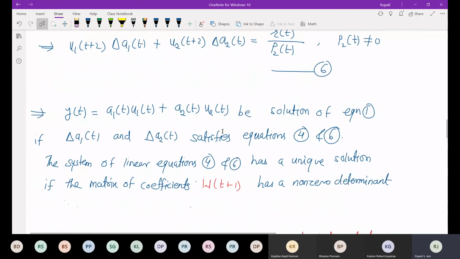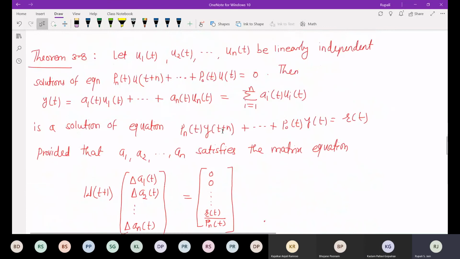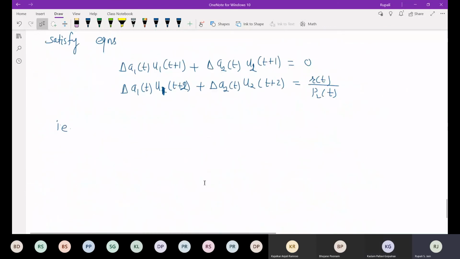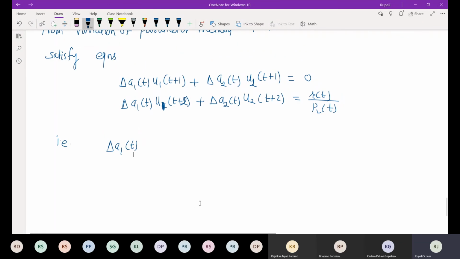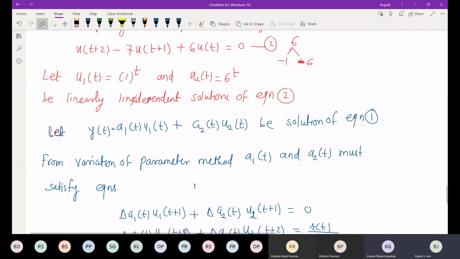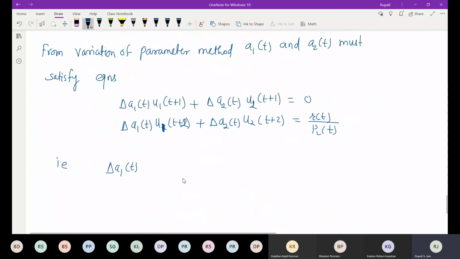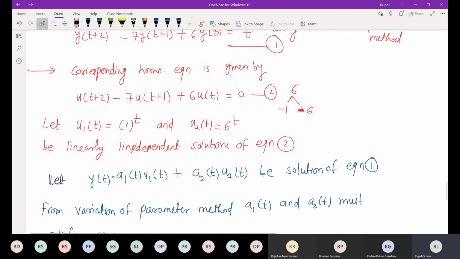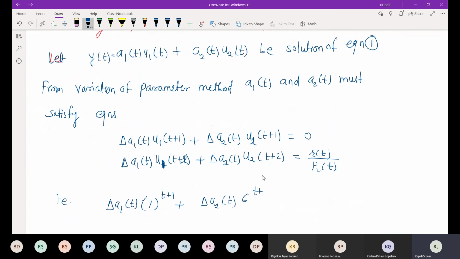Is that okay? So delta a1(t), what is u1(t+1)? u1(t) is 1 raised to t, so just 1 raised to t+1, plus delta a2(t) u2(t+1), which is 6 raised to t+1, which is equal to 0.